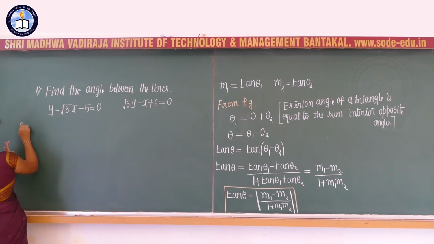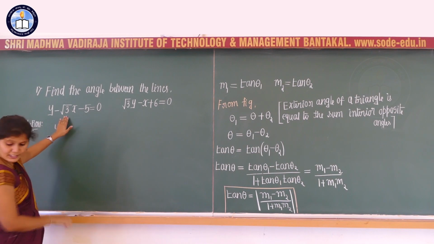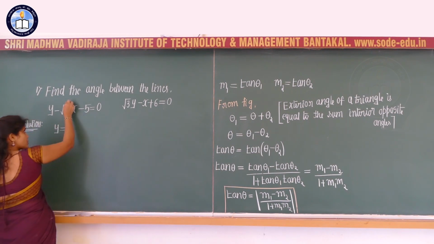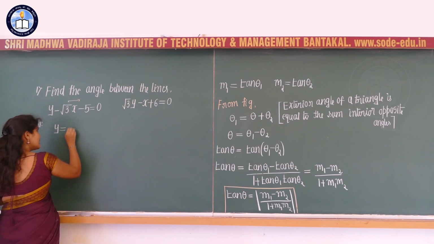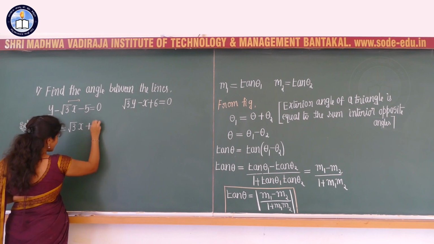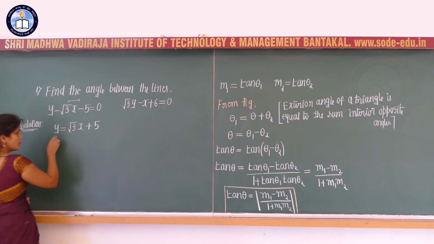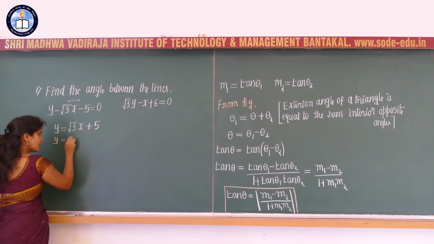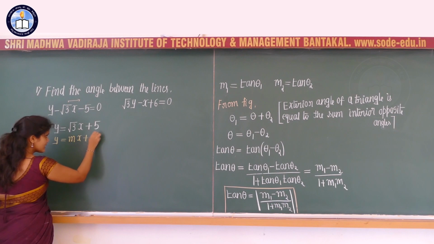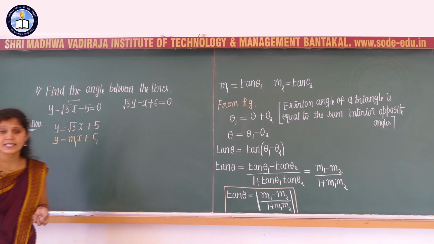In the solution, I write the expression for y, that is y is equal to m into x plus c: taking minus root 3 into x to the RHS, that becomes plus root 3 into x, and minus 5 to the RHS becomes plus 5. Now this is present in the form of y is equal to m into x plus c, so for the first line I can consider the equation as y is equal to m1 into x plus c1.